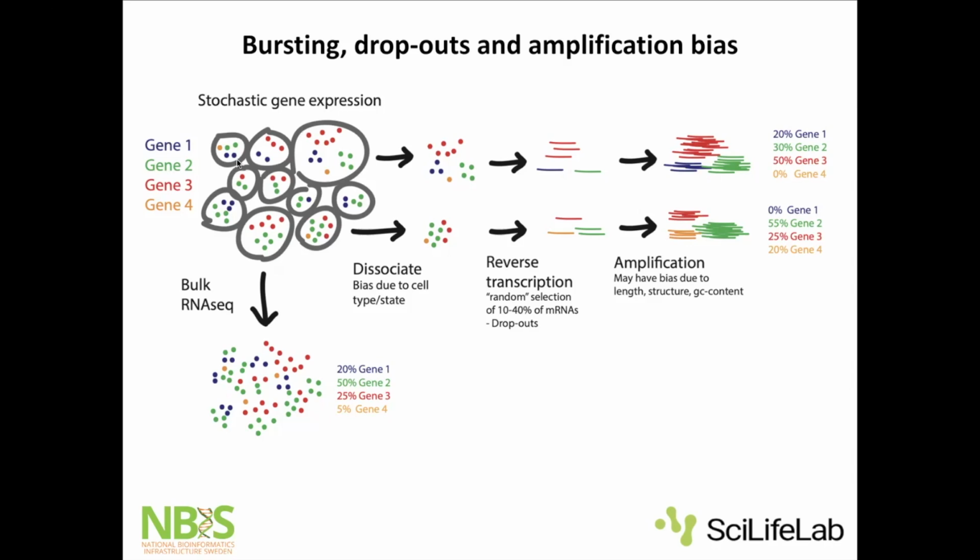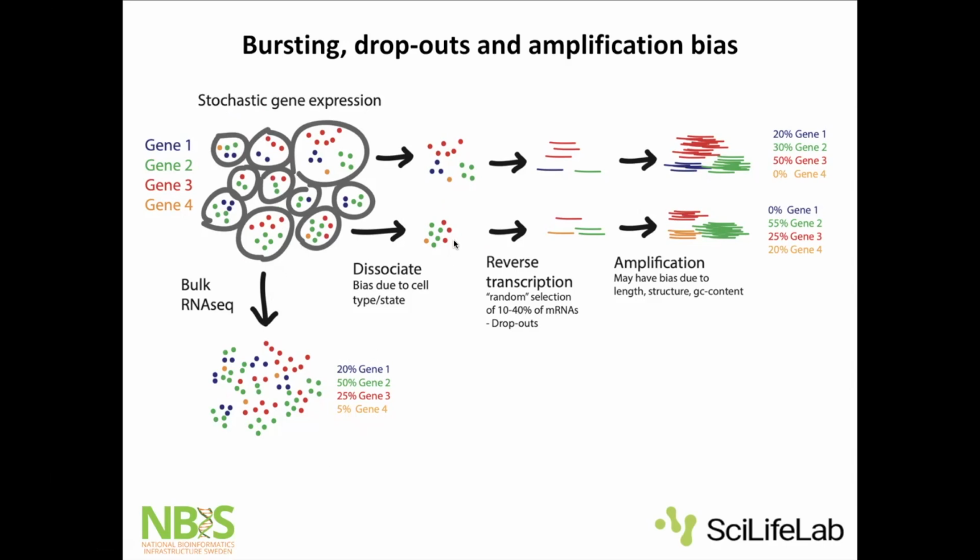If we do bulk RNA-seq, let's pretend we have this population. They're all the same cell type, and they only have 4 genes. With stochastic gene expression, they still look different. But if we do a bulk and take the average of that, we still get a good overview of the common signal of that cell type.